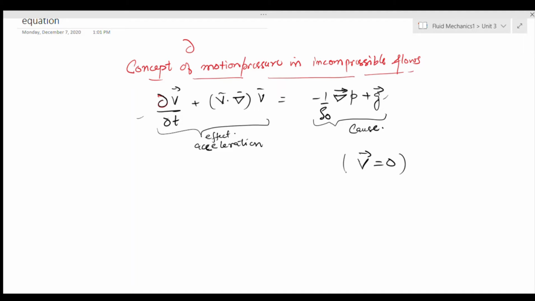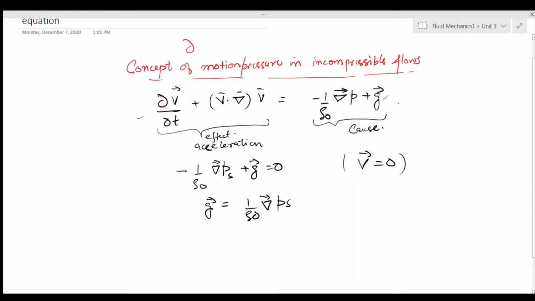So initially the pressure available to us for fluid acceleration would be found if we put our velocity to be 0. Then from the above equation we would get 1 by rho naught del Ps, where s is for stagnation, plus g would be 0, and this gives that g is nothing but minus 1 by rho naught del Ps.